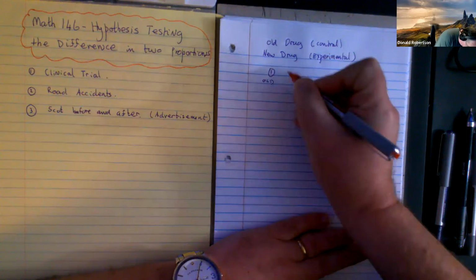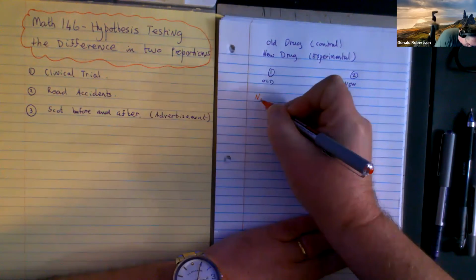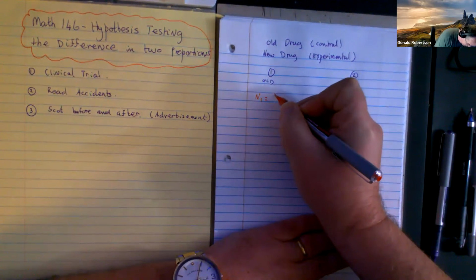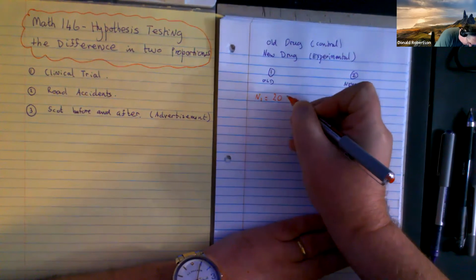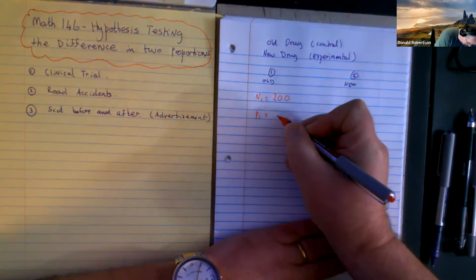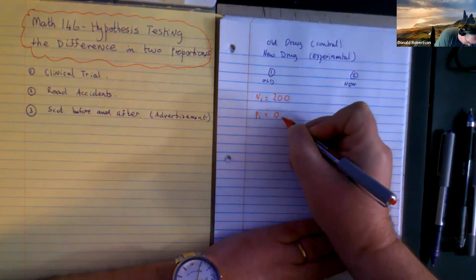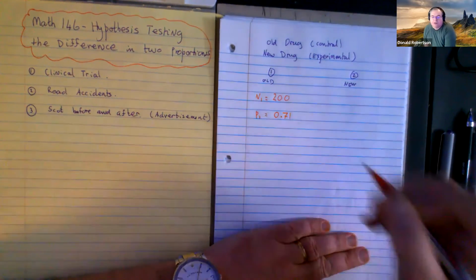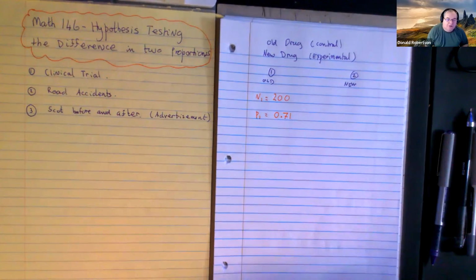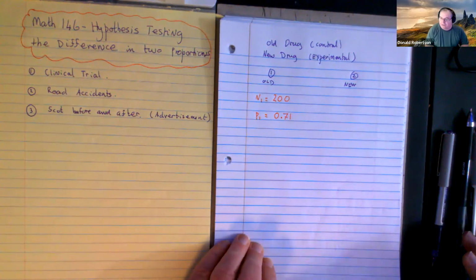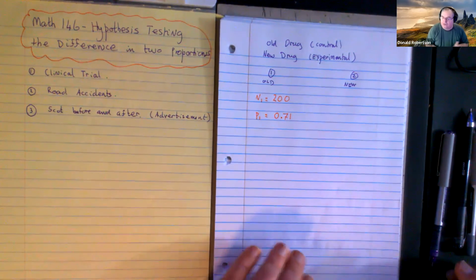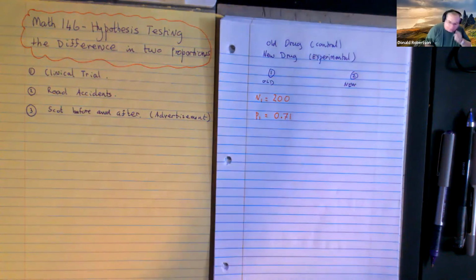So people take this old drug, and in this, there were 200 people, and the success rate was 71%. What that would mean depends on what you call success rate. It might be that a success rate is less than two seizures, one or no seizures a month, something like that.